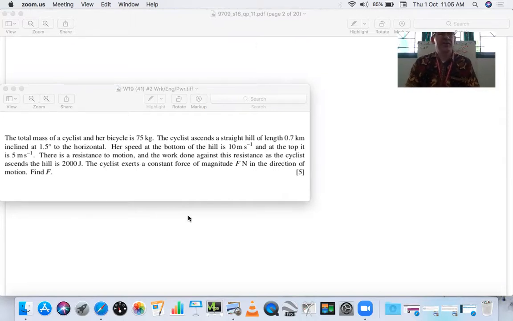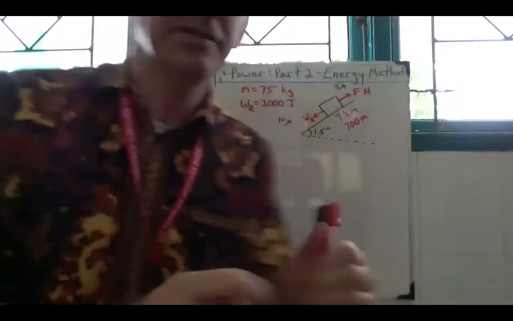There is a resistance to motion, and the work done against this resistance as the cyclist ascends the hill is 2,000 joules. The cyclist exerts a constant force of magnitude F newtons in the direction of motion. Find F.